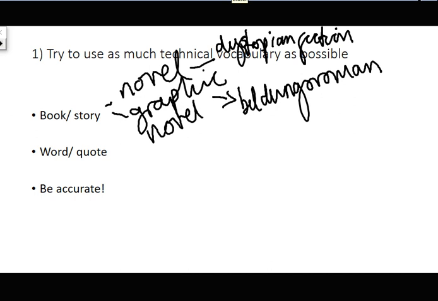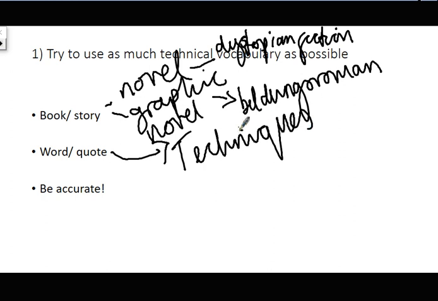So word and quote, my class will know these are pet peeves of mine. And if you want to hear more about how to avoid using the word or the word quote, you can watch the Criteria B video. But basically, you should be giving techniques when you're saying this.